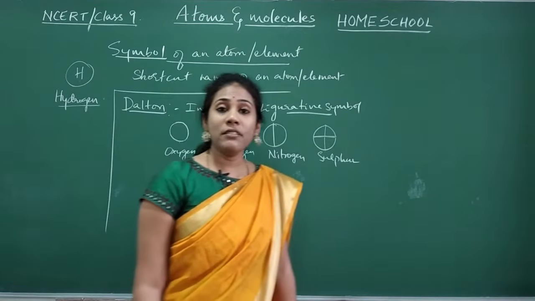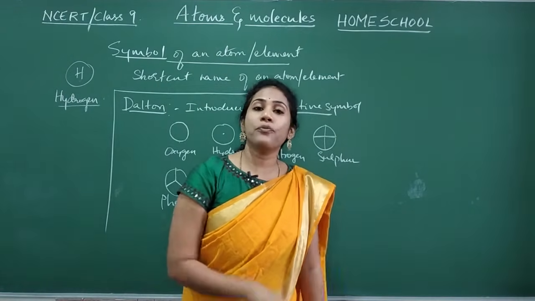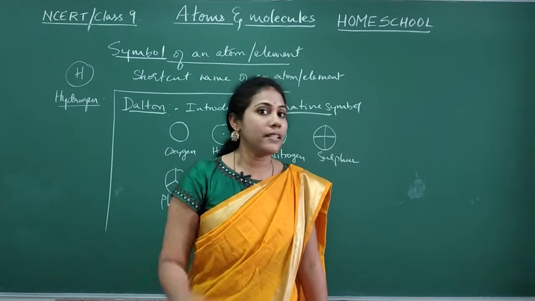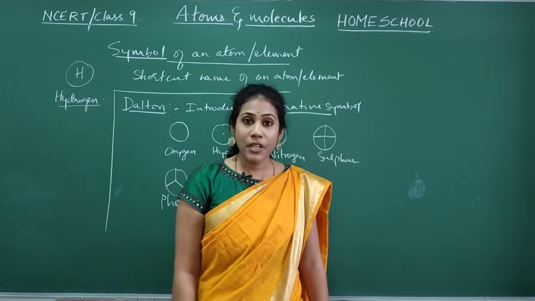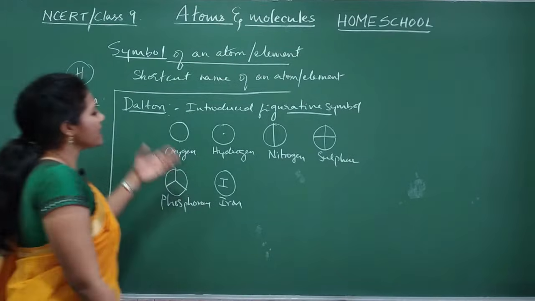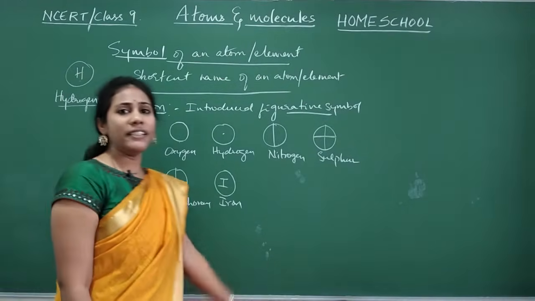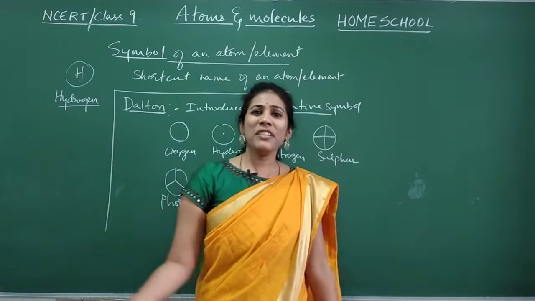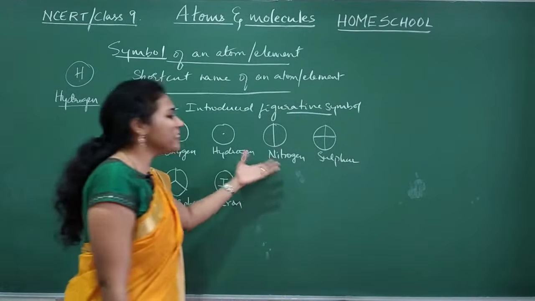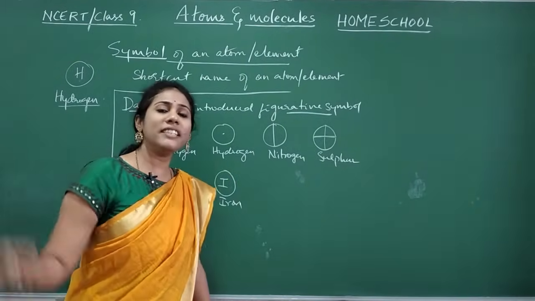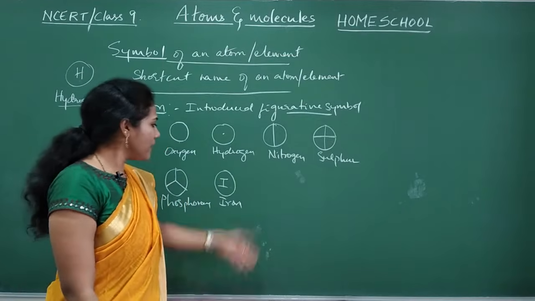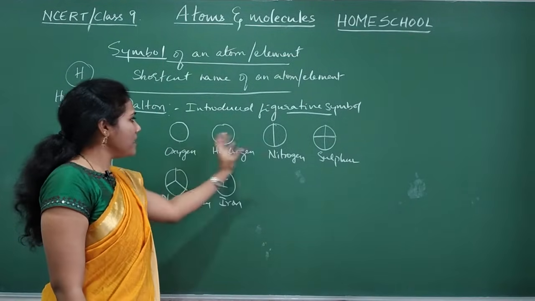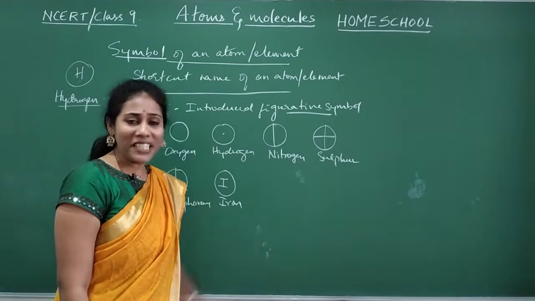But imagine right now we have 118 elements in our nature, isn't it? If you go on giving such symbols for all 118 elements, imagine how you could remember the symbols for all of them. And imagine the symbols have a very slight difference between each other.